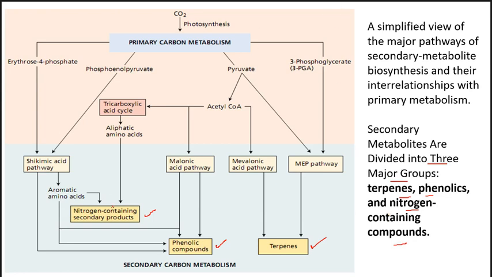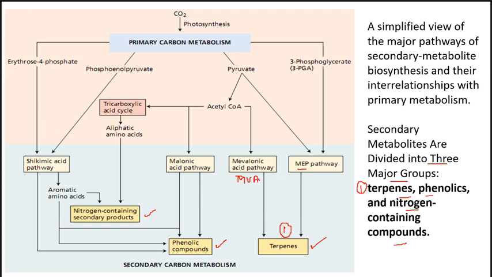See, terpenes, I mark it number one, the first kind of secondary metabolite. These terpenes are synthesized by the MEP and MVA pathway, if I make it short. So the mevalonic acid pathway and the MEP pathway.